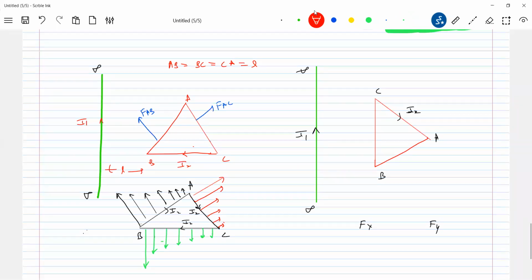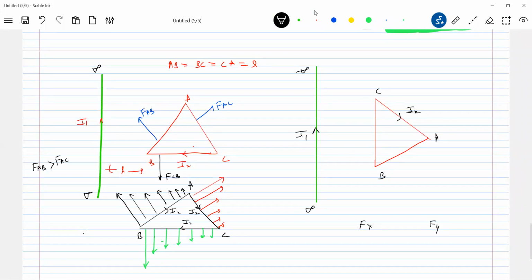Now, can you say anything about magnitude of FAB? Somewhere the resultant FAB should be greater than FAC. And FCB, also like FCB will be acting here. Shall we put one thing? FAB is greater than FAC. That much I can say here.